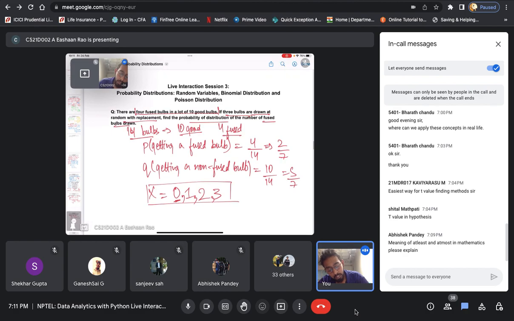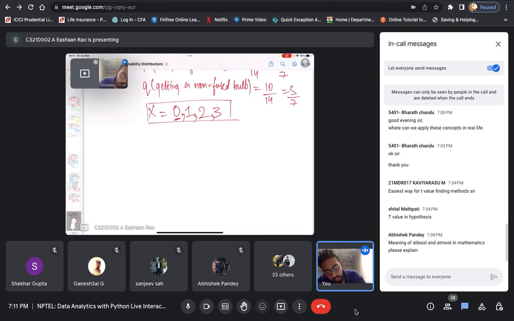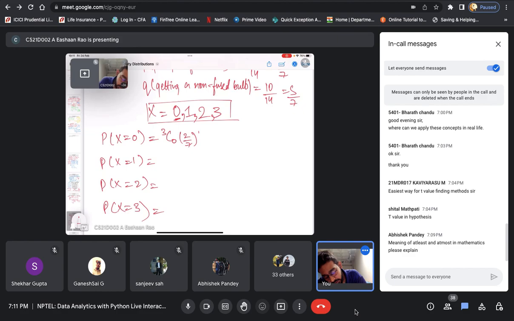Now let's put that in a binomial distribution scenario, that is P of X equal to 0, P of X equal to 1, P of X equal to 2, P of X equal to 3. So we are going to find the probability distribution in all these scenarios. We are taking 3 bulbs, out of which 0 bulbs are fused, and the probability of getting a success, a fused bulb, is 2 by 7, and not getting a fused bulb is 5 by 7, raised to 3.